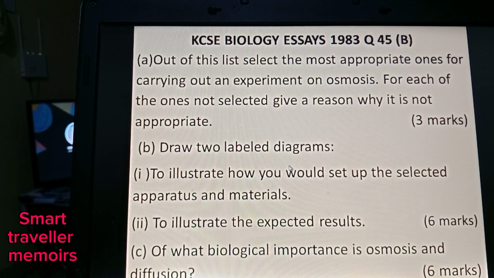Out of this list, select the most appropriate ones for carrying out an experiment on osmosis. For each of the ones not selected, give a reason why it is not appropriate.